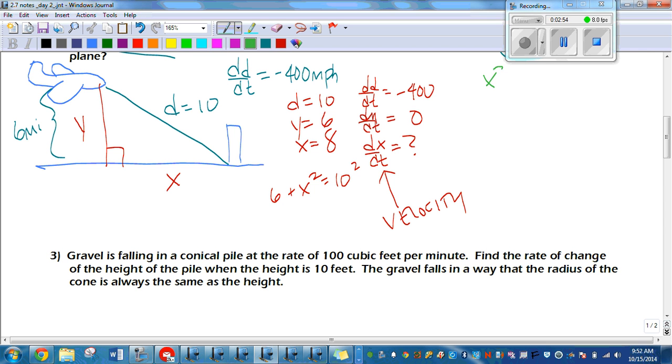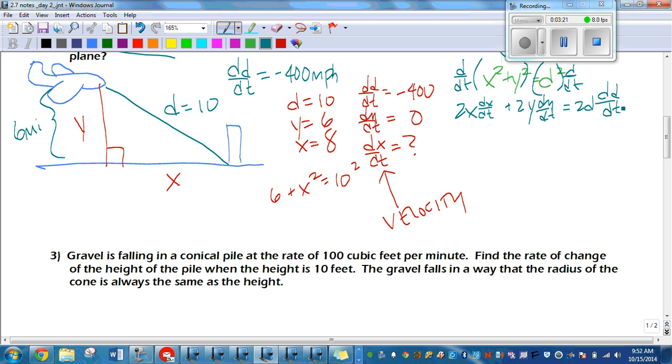So we have x squared plus y squared equals, in this case, D squared. So we're going to take the derivative of both sides. So we get 2x dx/dt plus 2y dy/dt equals 2D dD/dt.